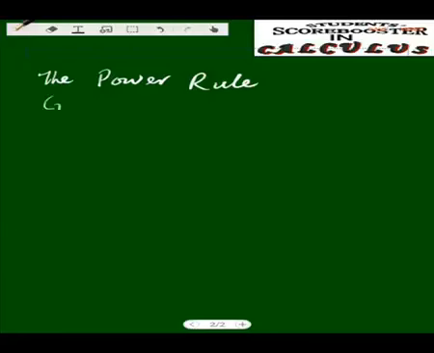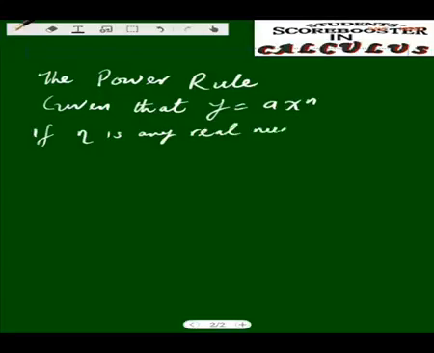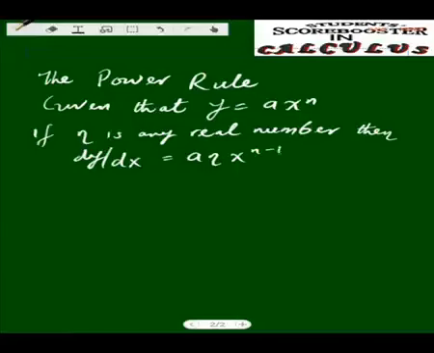So the power rule says, given that you have a polynomial y is equals to ax raised to power n, then if n is any real number, I hope we understand what I mean by real number, then the derivative dy/dx is equals to anx^(n-1).